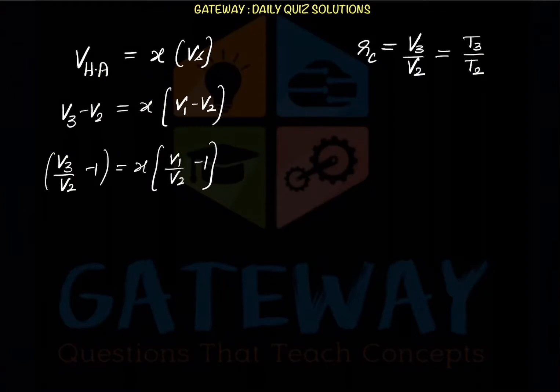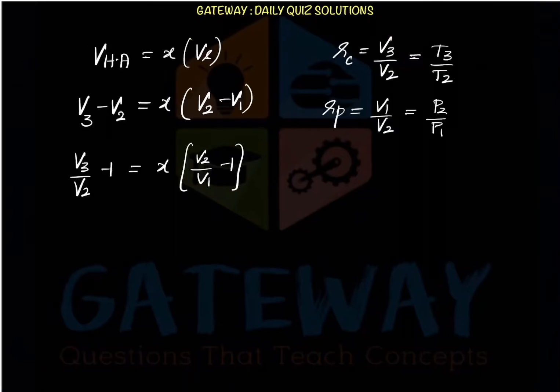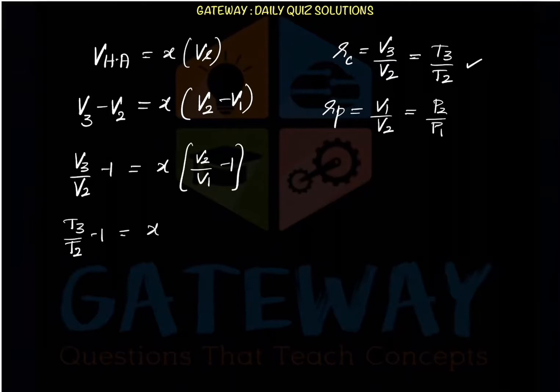We will write the values. The compression ratio, as we have discussed always, is V1 by V2, and that is nothing but P2 upon P1. Here V3 by V2 we can write as T3 upon T2. So T3 upon T2 minus 1 is equal to x times V1 upon V2 minus 1, where V1 upon V2 is the compression ratio, given in the question as 15.